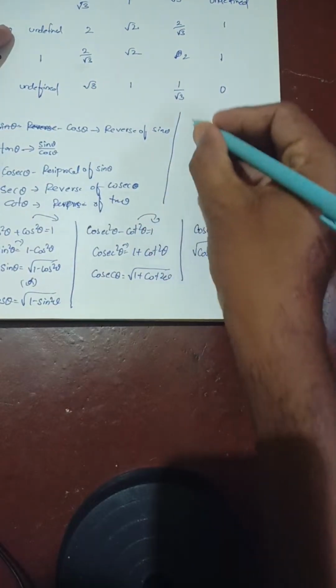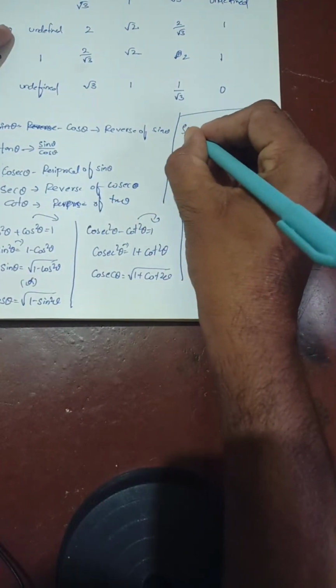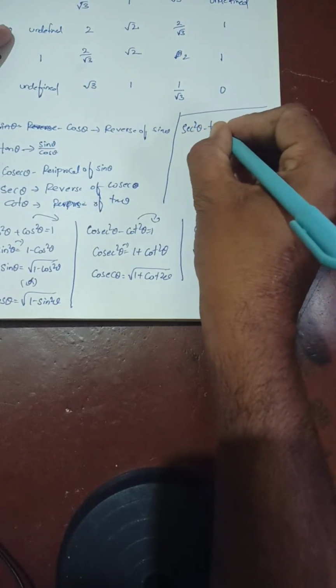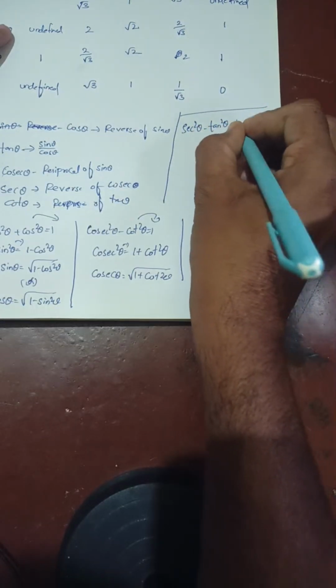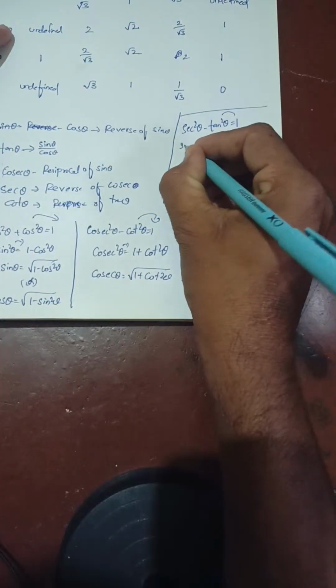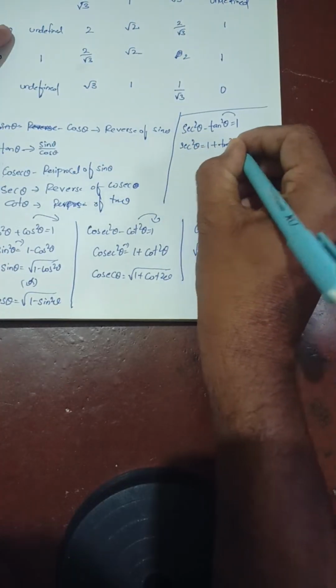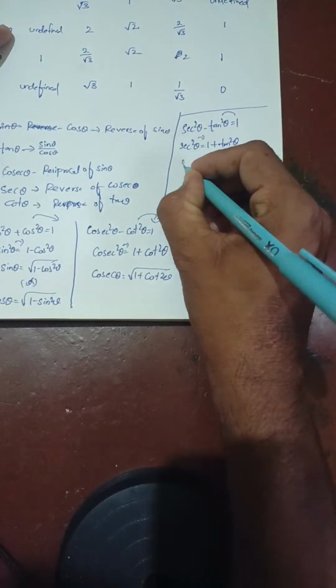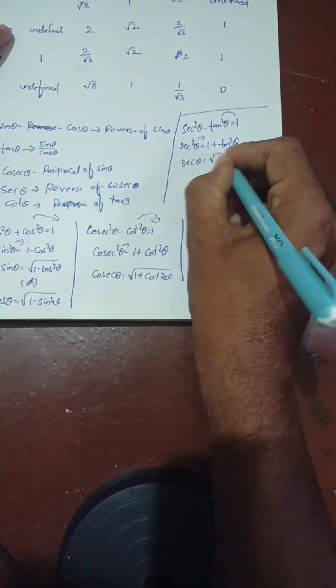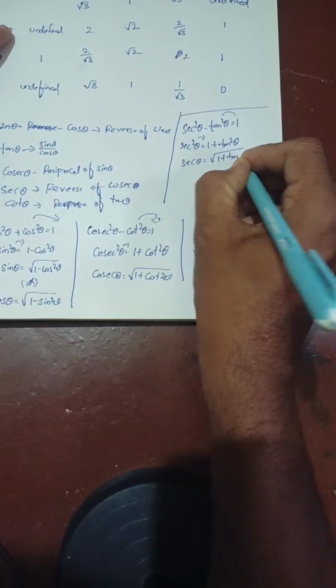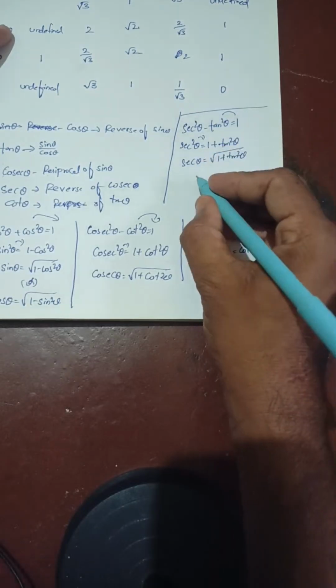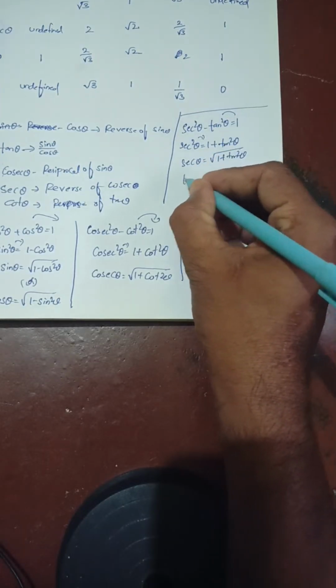So in the third one I am doing here only. Secant square theta minus tan square theta is equal to 1. Take it to the right hand side. Secant square theta is equal to 1 plus tan square theta. Square goes right hand side, becomes secant theta equals under root of 1 plus tan square theta. If you want to write in terms of tan theta, how are we going to write?